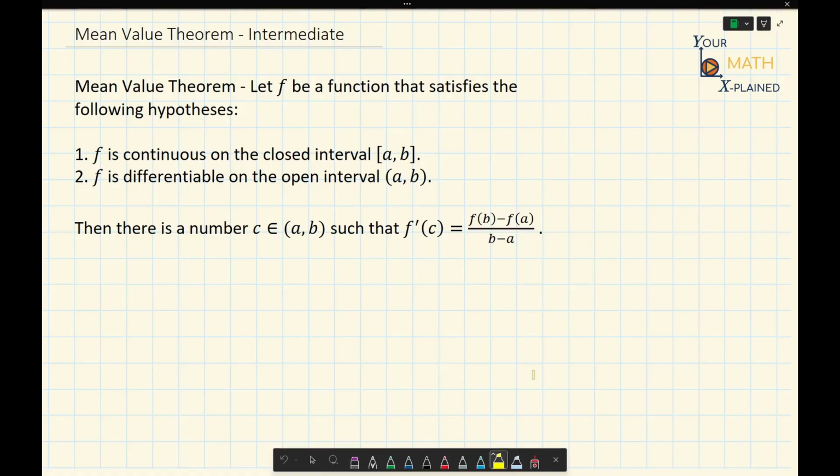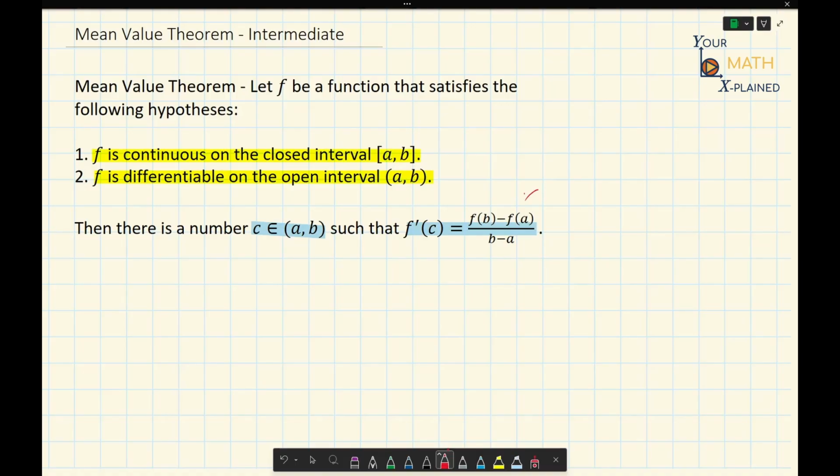The mean value theorem states we're going to let f be a function that satisfies the following hypotheses. The first one is that f is continuous on the closed interval [a, b]. And the second one is f is differentiable on the open interval (a, b). Then there's a number c in between a and b such that f prime of c is equal to f of b minus f of a divided by b minus a.